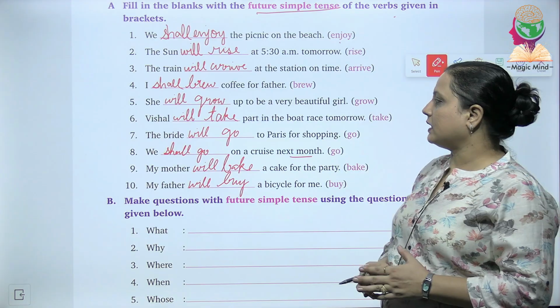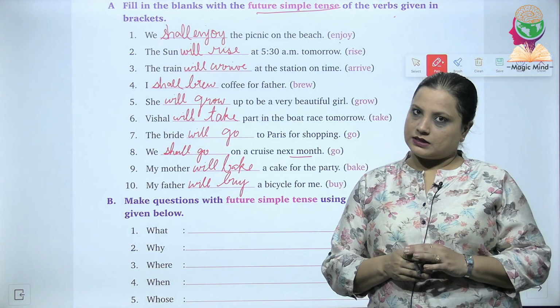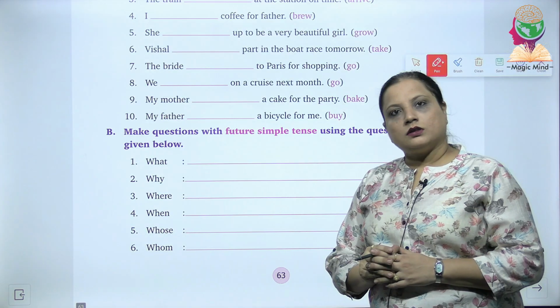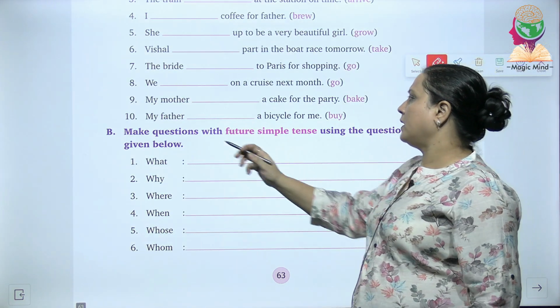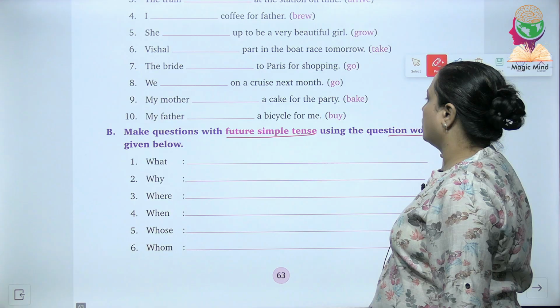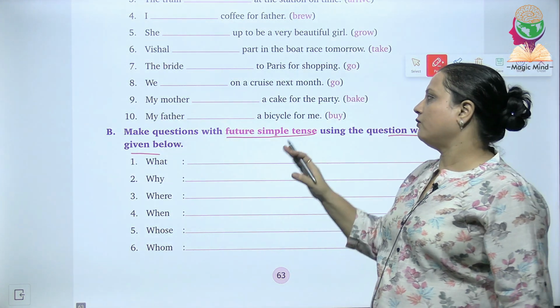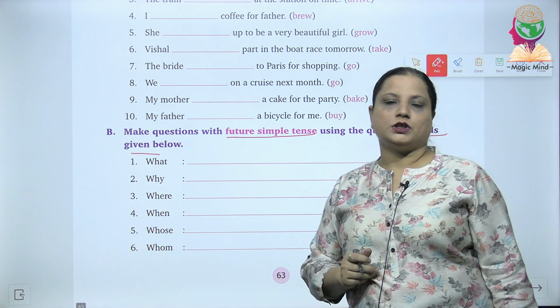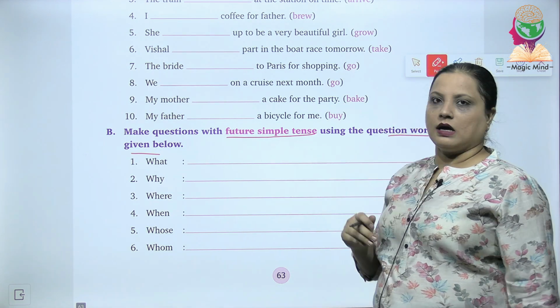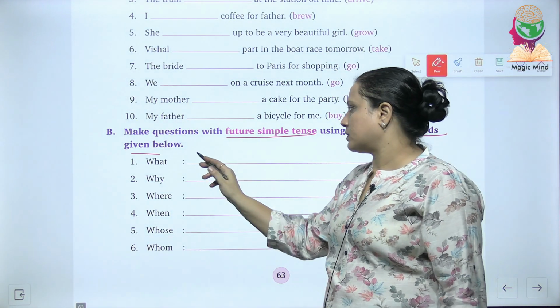With this, we have completed the question. Let's now move to the B question. The B question says, make questions with future simple tense using the question words. We have to use the words and make simple future tense. I will begin with what.